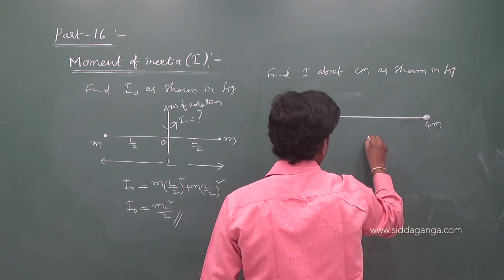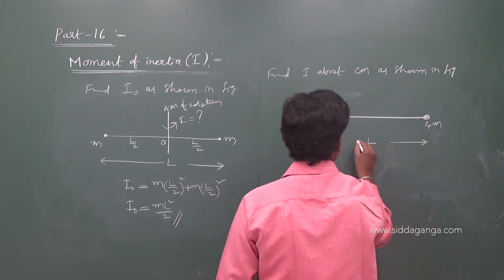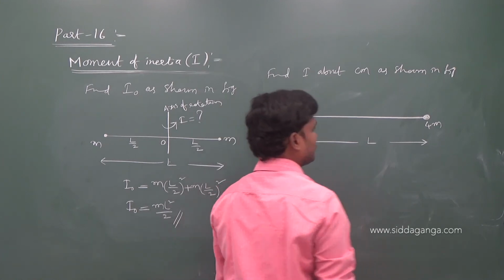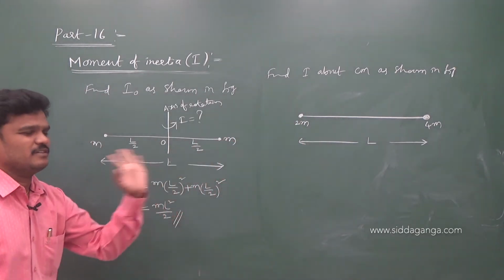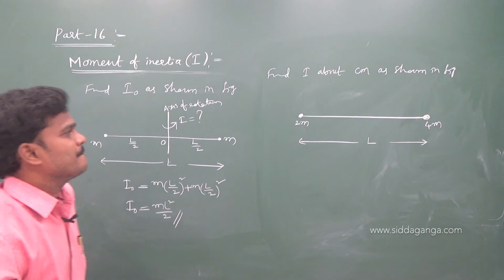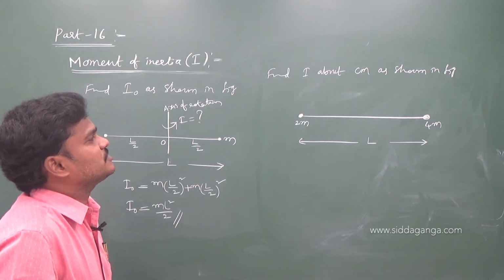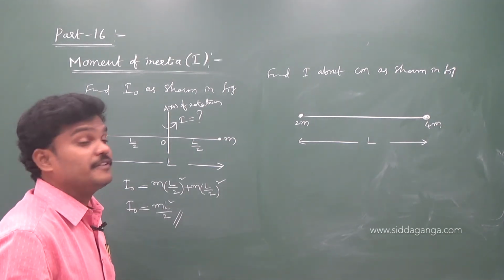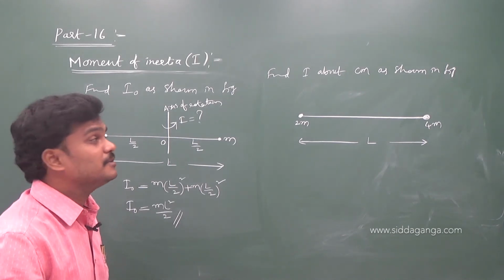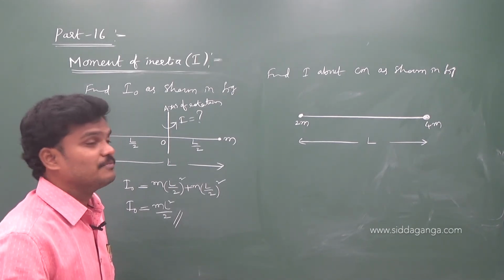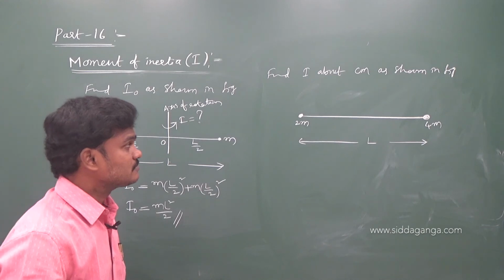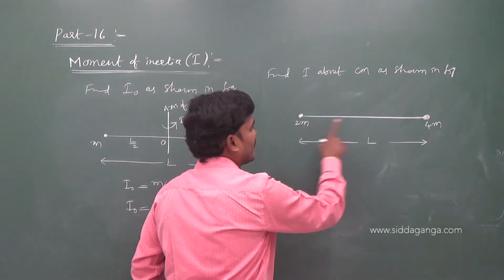The distance is L. Yeah, this is the question they given. Good question this is. Okay, basic question only. Find moment of inertia about the center of mass as shown in figure. See again the previous topic is used. See this is 2m and this is 4m.